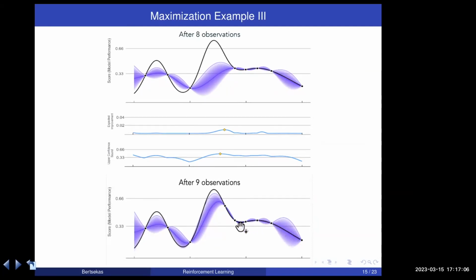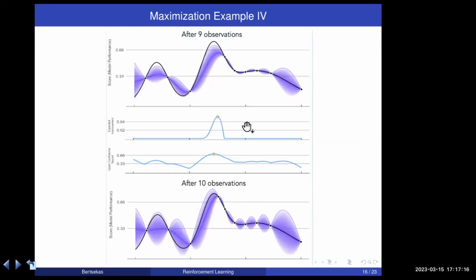Now our posterior became pretty good, okay? It starts approaching the real function. We have 9 observations. Again, we calculate the new acquisition function, and it points to this area as a good area to explore.